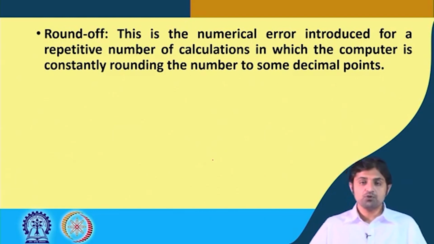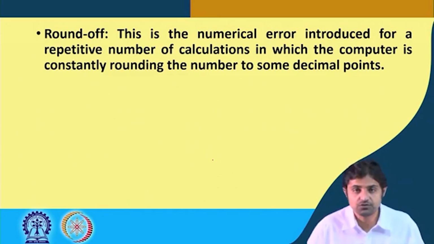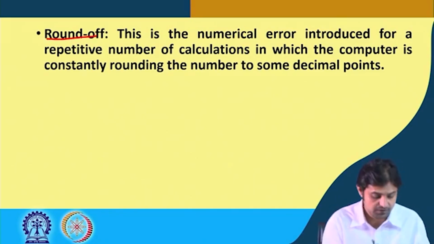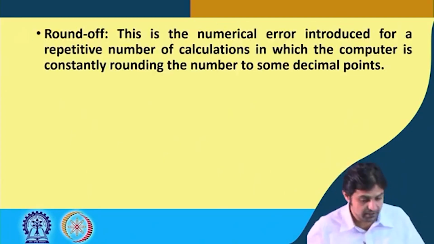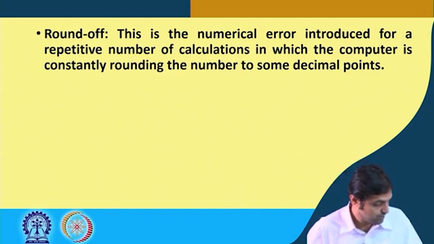When the computer is accurate up to the third order, it will keep on rounding the values. Therefore, there will be an error introduced due to the rounding off. So one is due to discretization, and the second is due to rounding off.